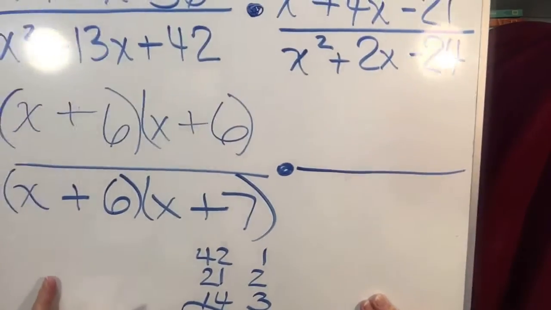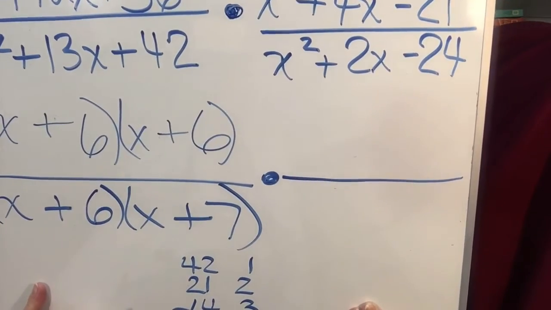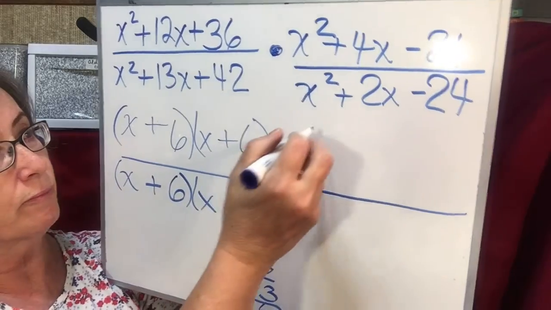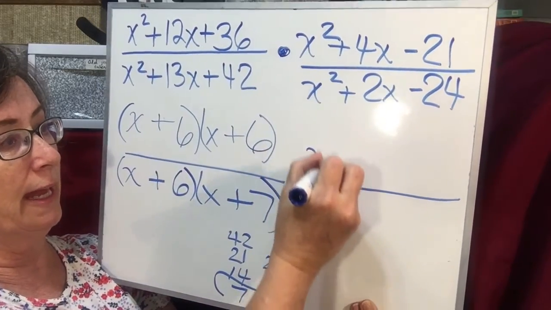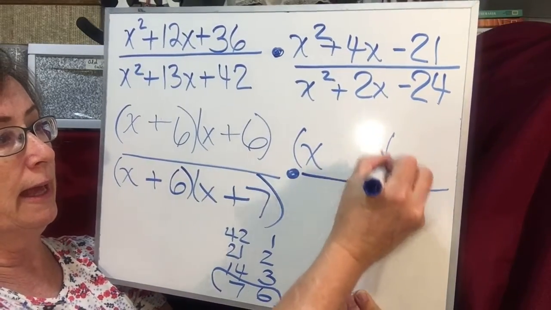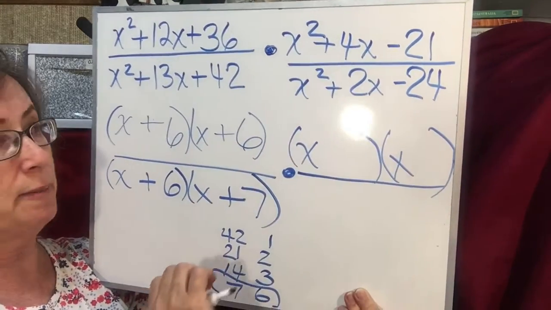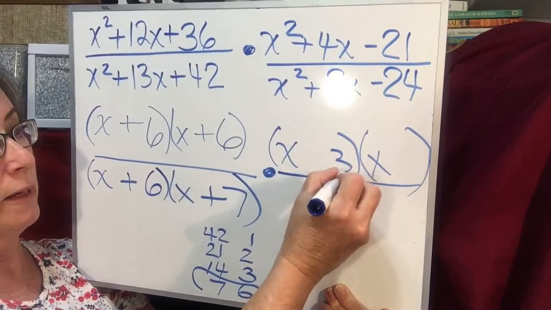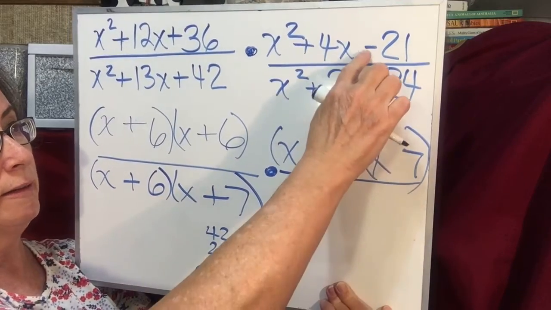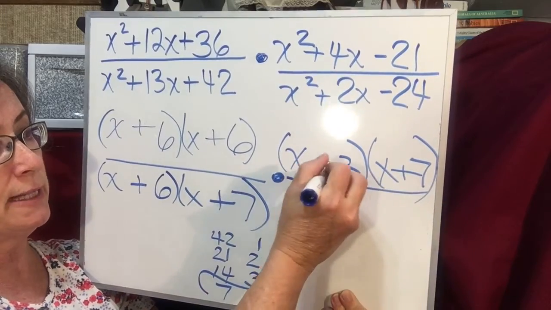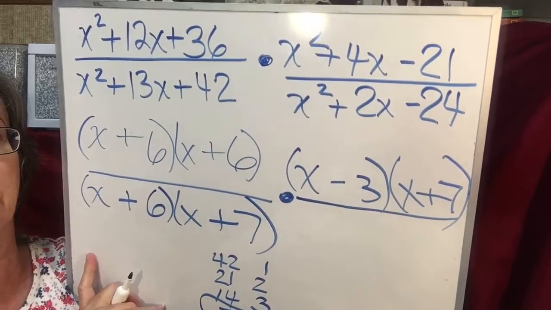So we factored the first one, and now we're ready to factor the second one. Okay, so we're going to have an x. 21 is 3 times 7. 3, 7. There's a difference. We want the positive, so we're going to put a positive 7 and a minus 3.